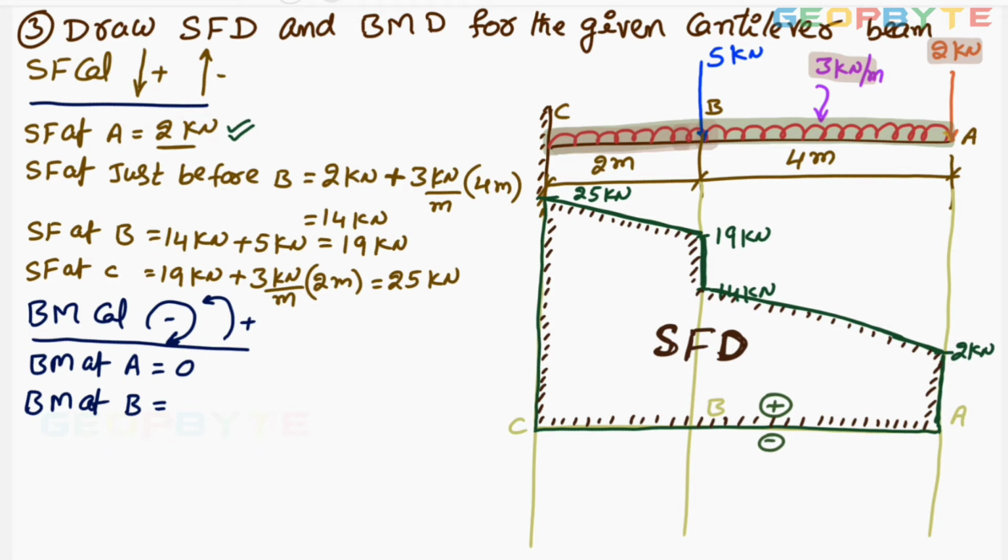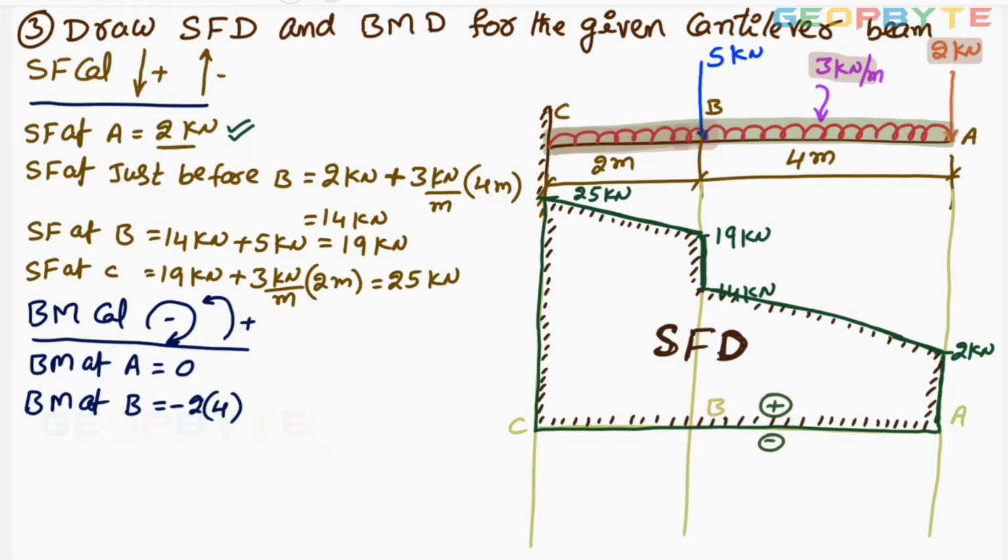Clockwise. Clockwise moments are negative. So minus 2 into 4 is the moment due to point load. Now I am going to find the moment due to UDL.